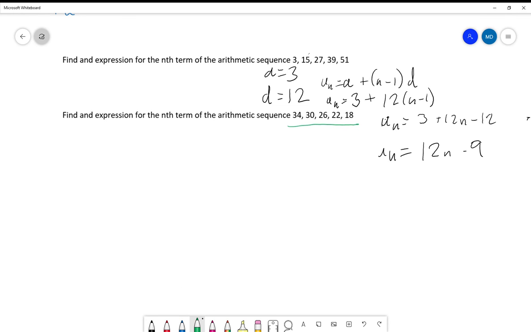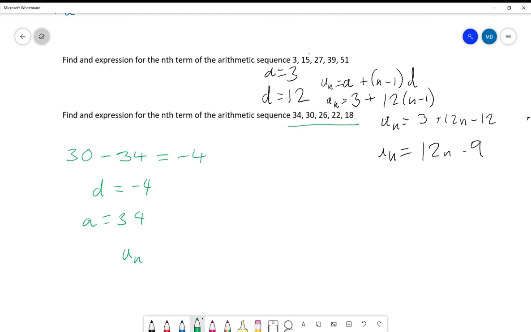Same thing here. Our common difference, well, our first term is 34 and our second term is 30, so our common difference is 30 minus 34, which is negative 4. Our first term is 34, and so again we just apply exactly the same thing.